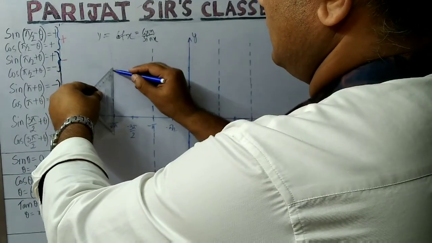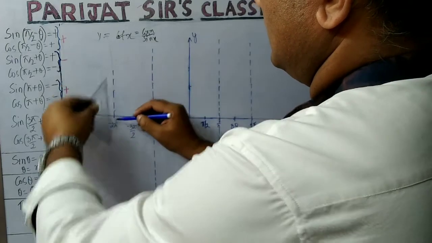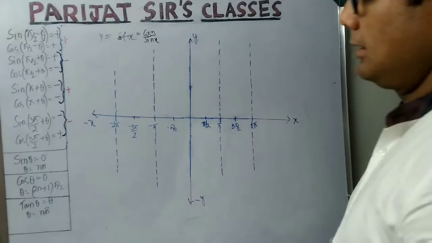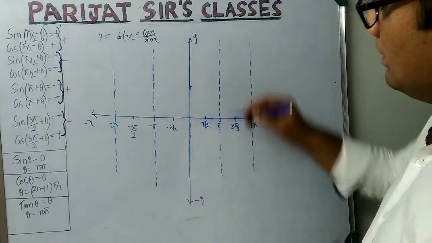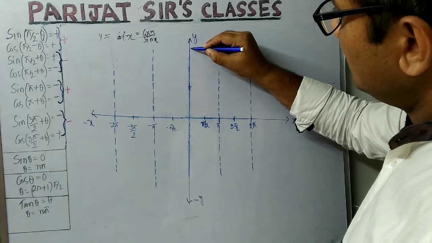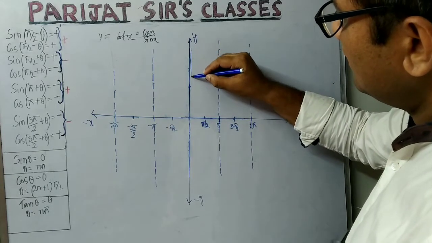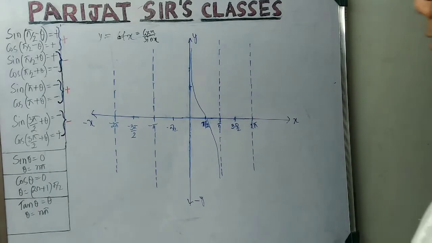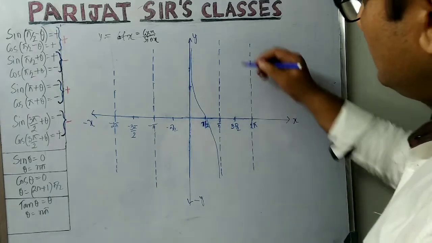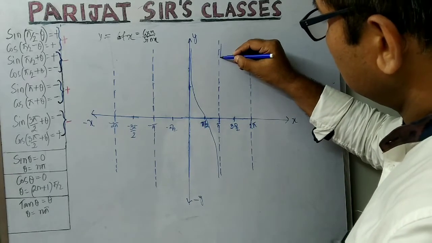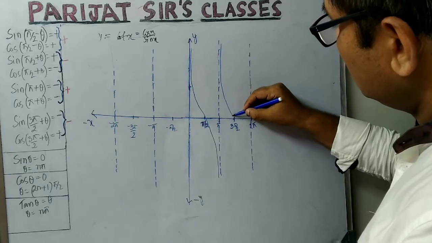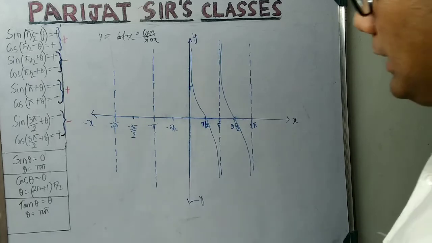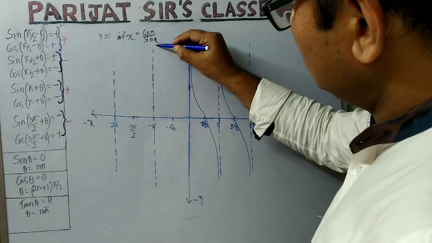If I plot the line here, I will explain how we are deciding the values.